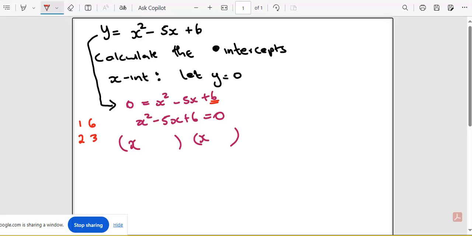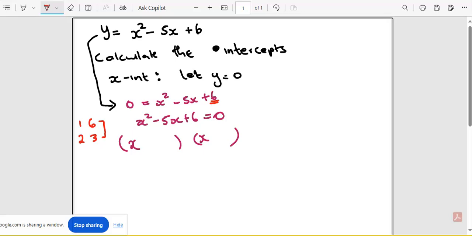So these are the factors of 6. You understand? Yes, sir. On these factors, I need to choose the ones that multiply to give me 6, and when I add or subtract them, they give me -5.